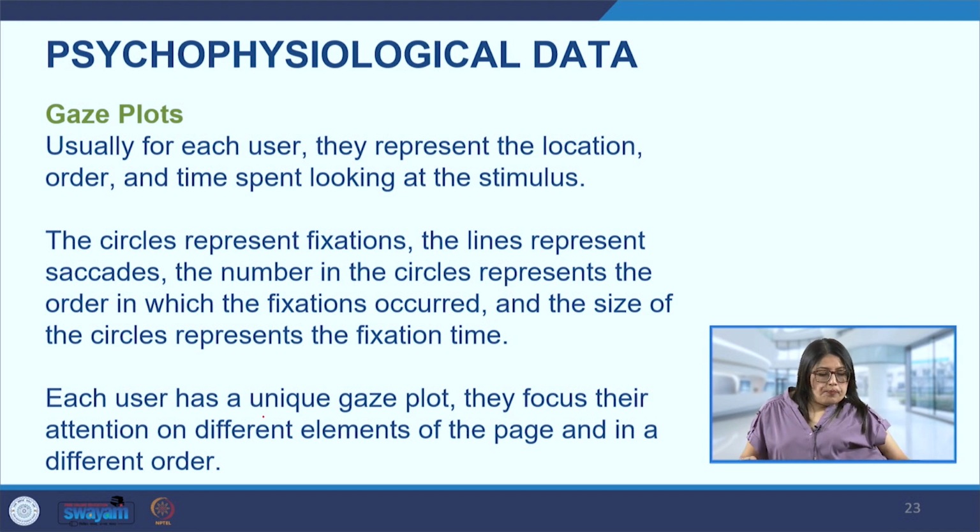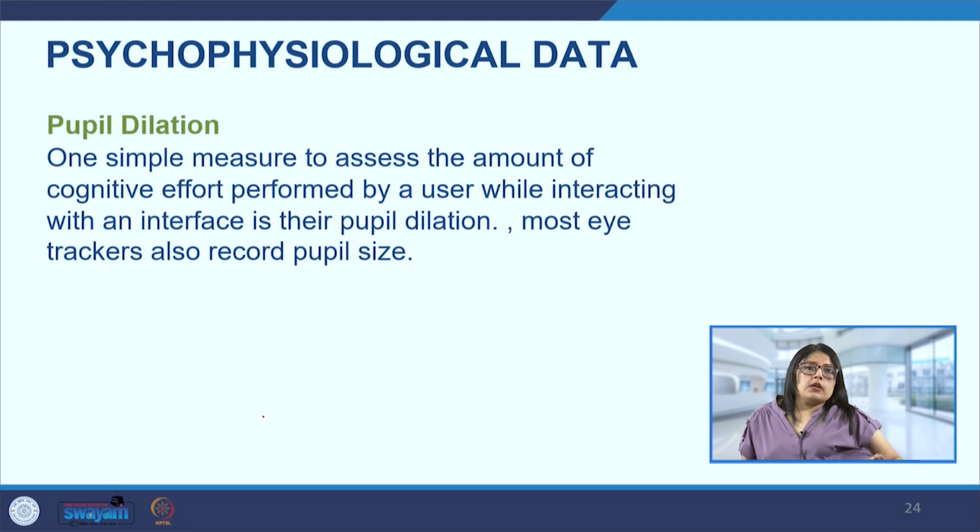So that is the gaze plot, and for each and every participant there will be an individual gaze plot, because everybody will have a different way of reading the page that they are shown. And when this data is analyzed, we can see where the maximum fixation of the users is, and whether there is any pattern in how the user is reading this particular page. So this gives us an important insight into how the users perceive the information.